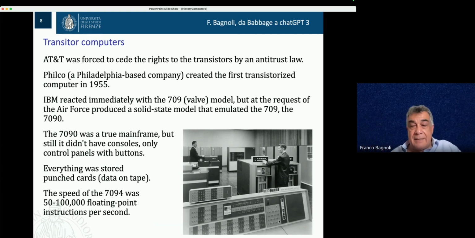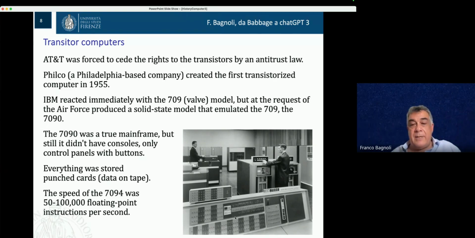But at that time, as you can see here, there were no consoles, clearly no videos, and also the idea of a console in which you can type commands was not yet introduced.